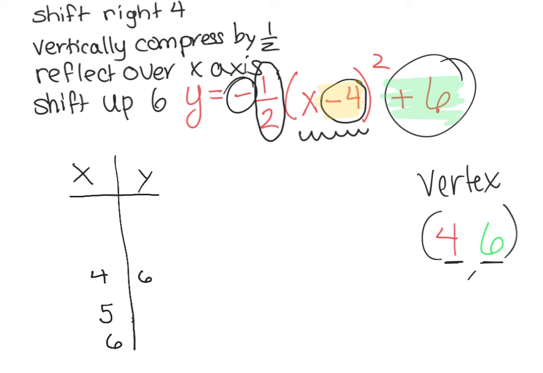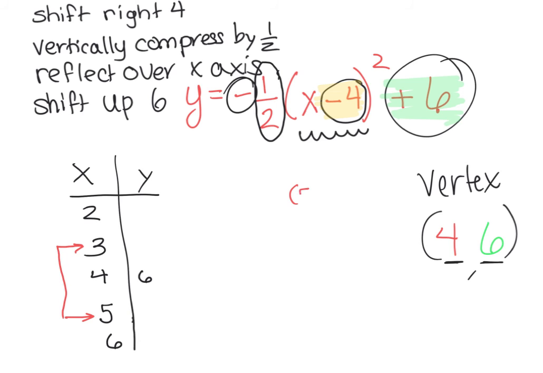I'm going to pick the numbers that are on the left side. Left side of 4. Now keep in mind, because of symmetry, the answer you get for number 5 and the answer you get for the number 3 should be the same because of symmetry, because they're equally spaced from the vertex. Okay, so let's plug my 5 in there.